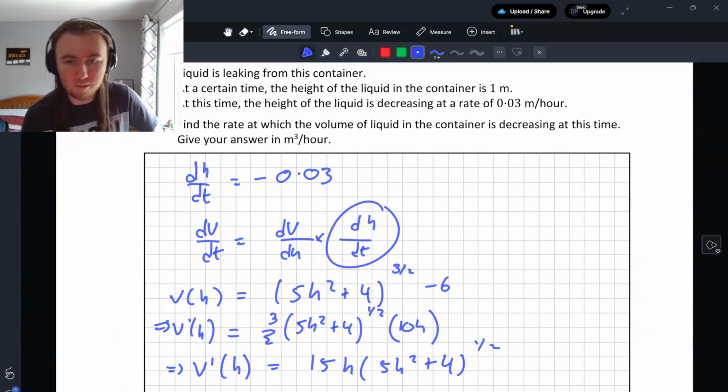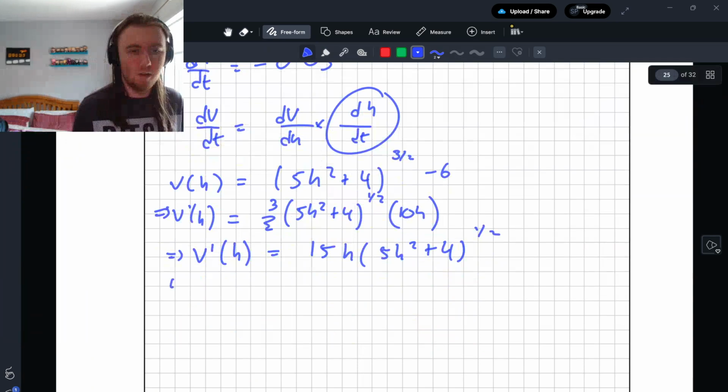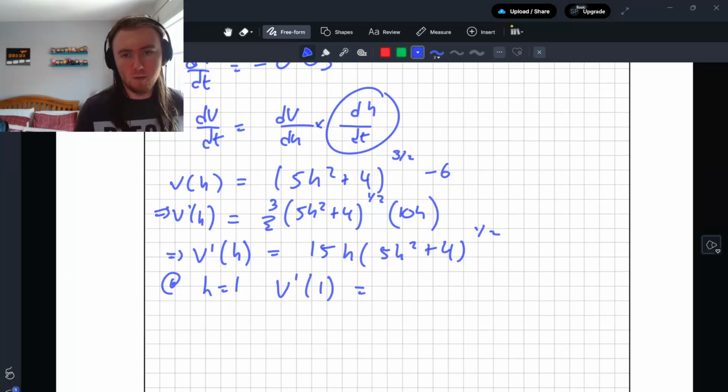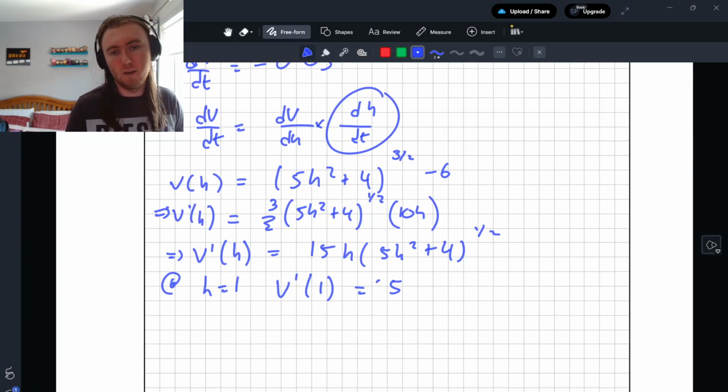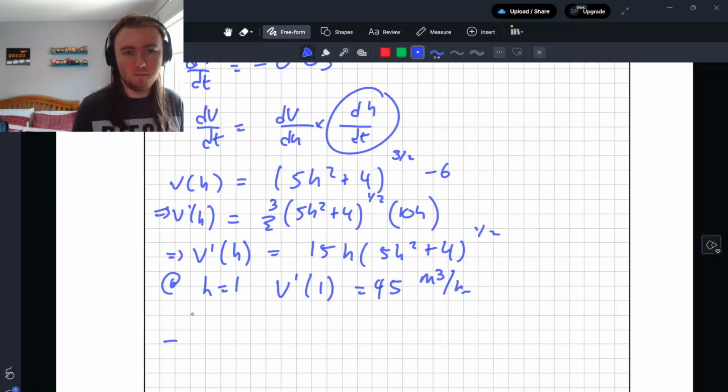Now, we're looking for h equal to 1. So at h equal to 1, V prime of 1 is 15 times 3, so 45 cubic meters per hour.